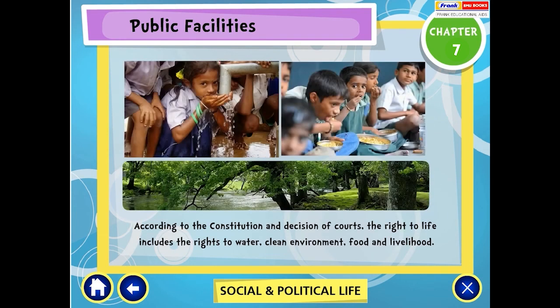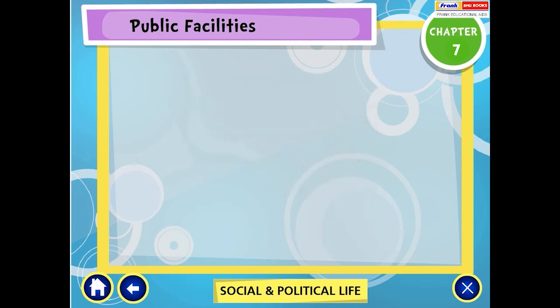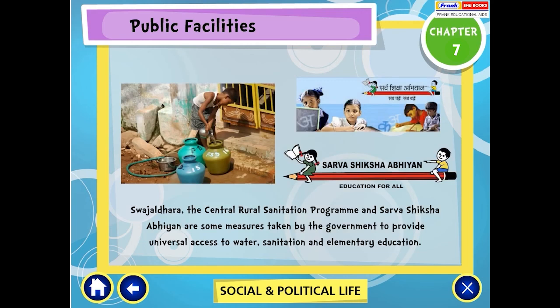According to the Constitution and decisions of courts, the right to life includes the rights to water, clean environment, food and livelihood. The right to education is a fundamental right for children in the age group of 6 to 14 years. Swajal Dhara, the Central Rural Sanitation Program, and Sarva Shiksha Abhiyan are some measures taken by the government to provide universal access to water, sanitation, and elementary education.